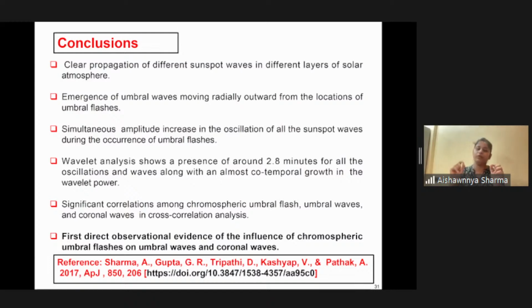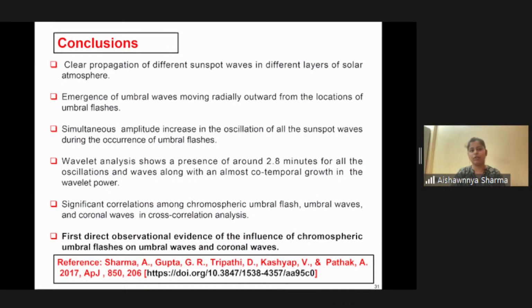We have observed those radially propagating umbral waves in the form of intensity disturbances, like bright and dark regions. And we also have observed the coronal waves, the intensity waves propagating along the coronal field lines. So we have been able to observe all these three sunspot oscillations and waves in our study.